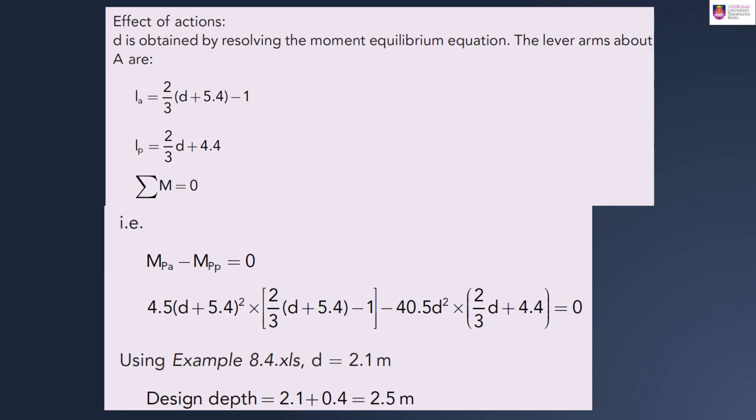What do we have from this equation? We get d equal to 2.1 meter, and then the design depth is 2.5 meter.